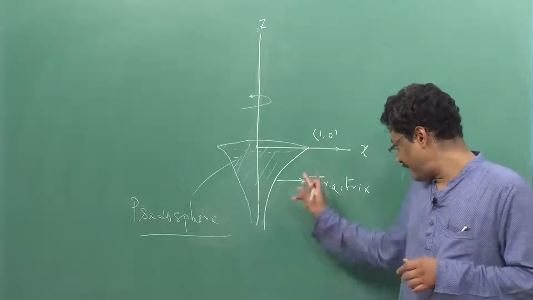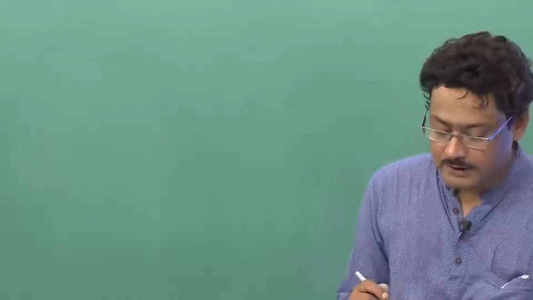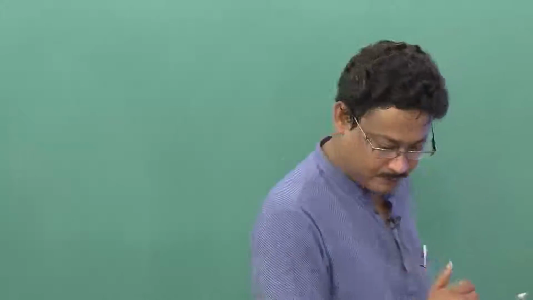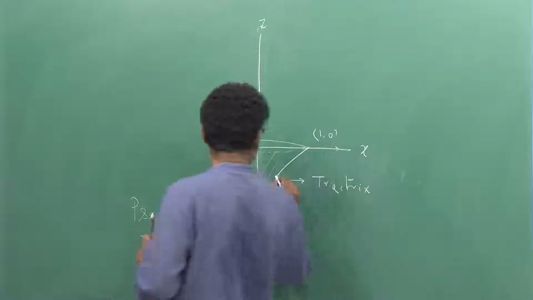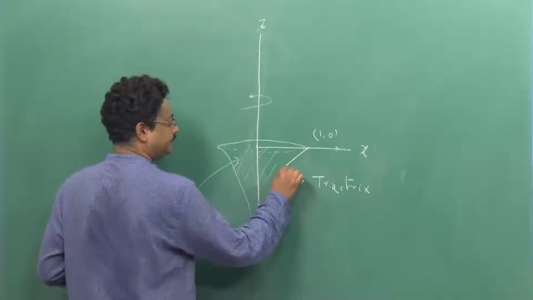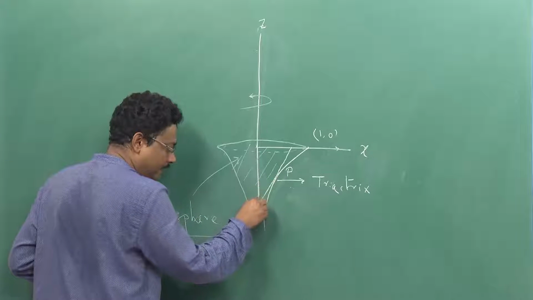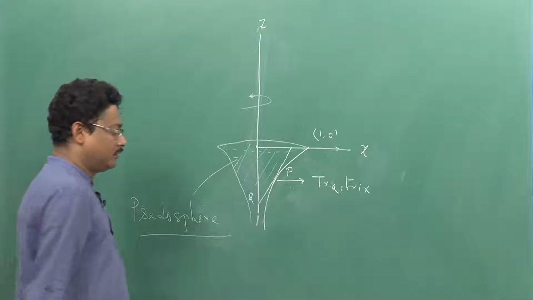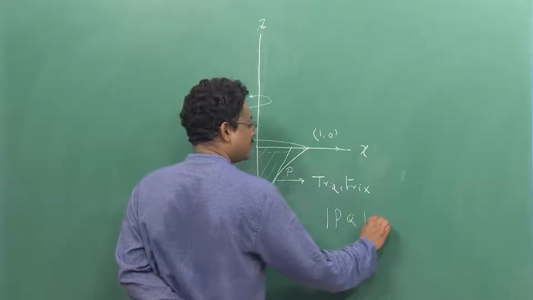But this curve, the tractrix, has a very interesting property. If you take any point on the tractrix, let us say P, and you draw the tangent through P and let it hit the z axis at a point Q, then the length of PQ is always constant.